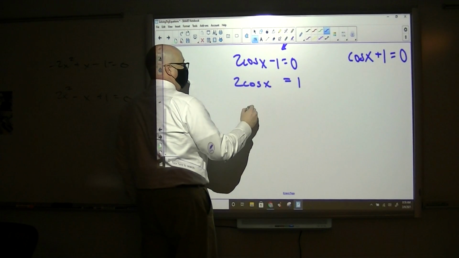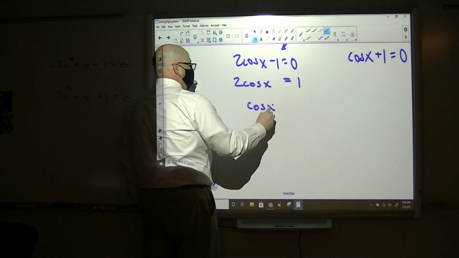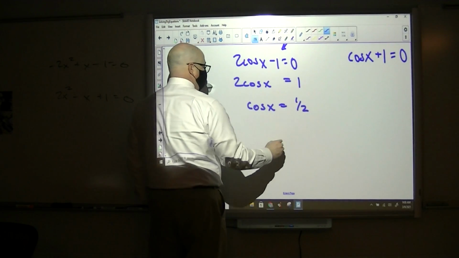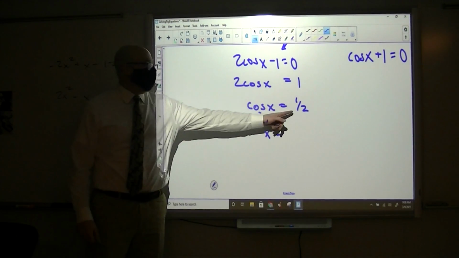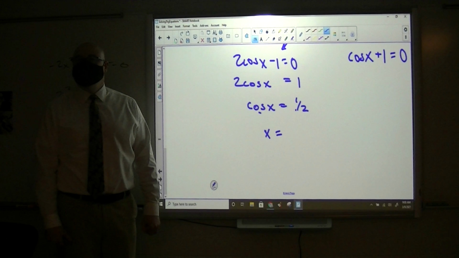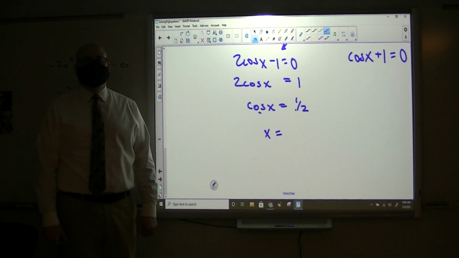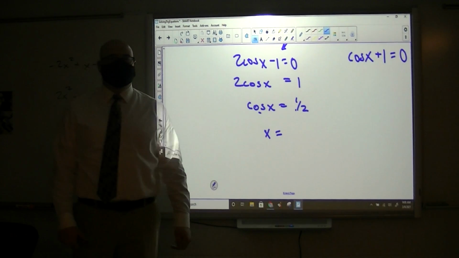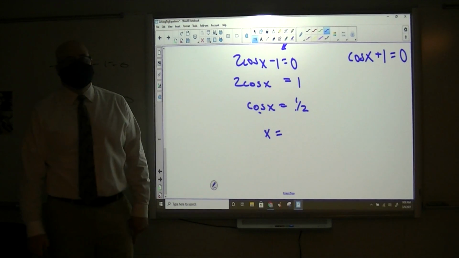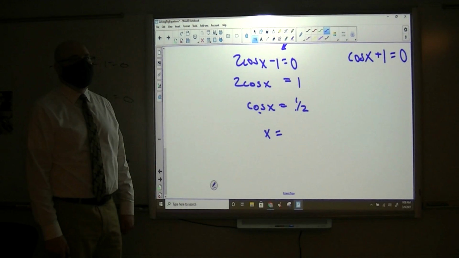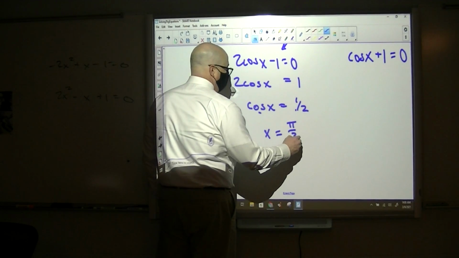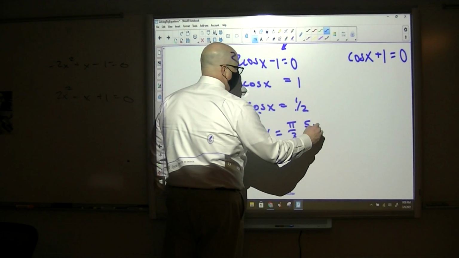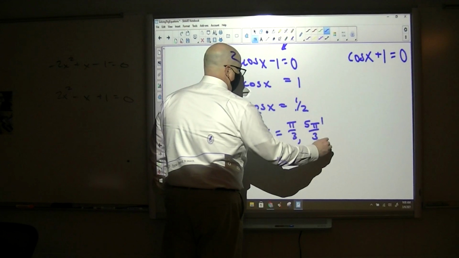We add 1 to both sides, we divide by 2, and then we ask ourselves what angles have an x-coordinate of 1/2. If you have a unit circle, you could look around and find the x-coordinates of 1/2, and you would see that they are at pi over 3 and 5 pi over 3.